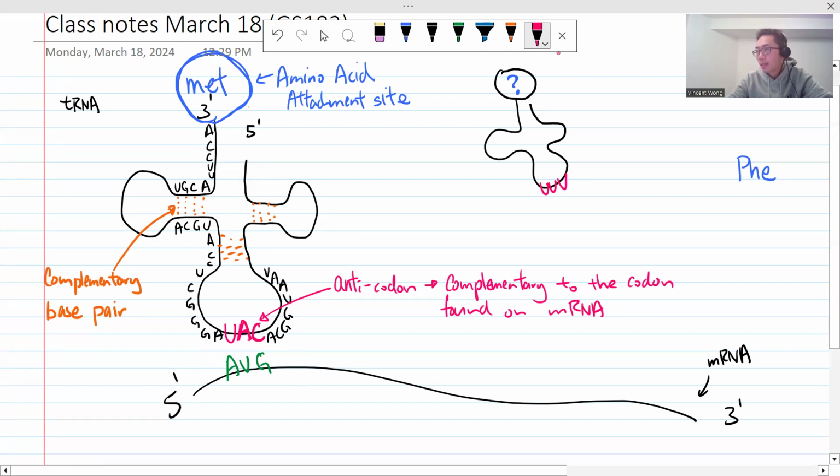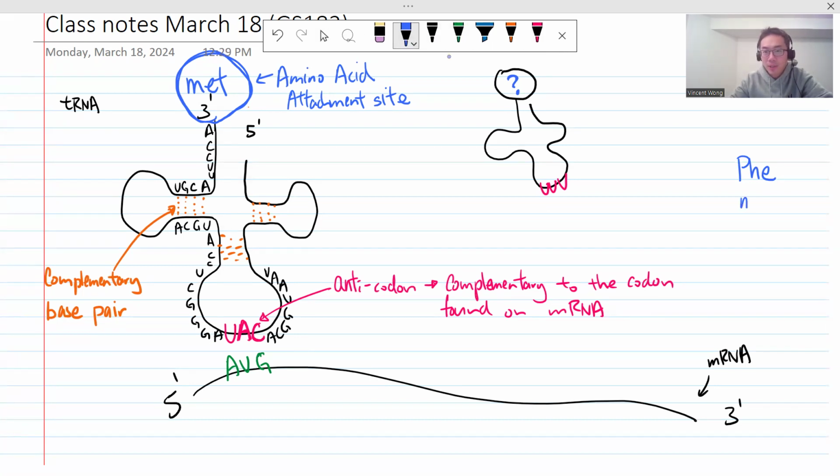MET. Okay, I have PHE, I have MET. Anyone else? I'm talking about this one right here. If the anticodon is UUU, what is it going to be carrying? Now, I know many of you looked up UUU and you say PHE and you don't understand why it is not right. But remember, this is the anticodon.